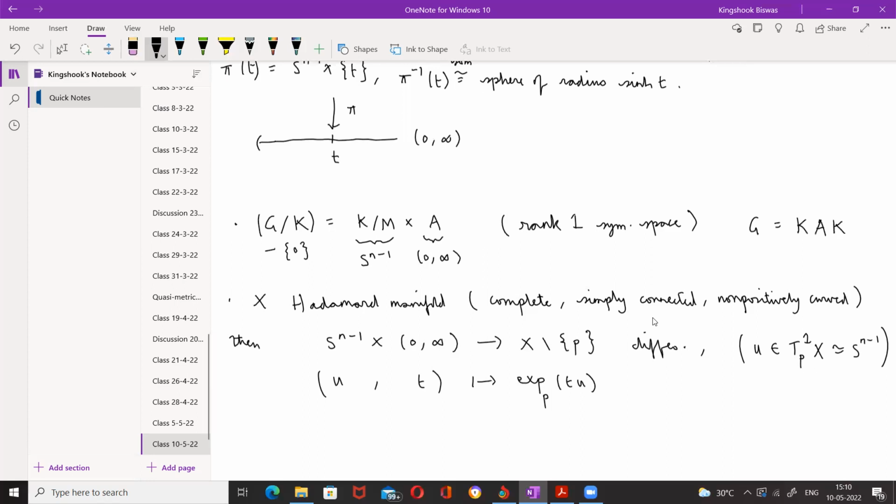But in order to get uniqueness, we need to get rid of the M orbit. When I quotient by K, then I'll get K mod M cross A. But this is the Cartan decomposition, KAK.